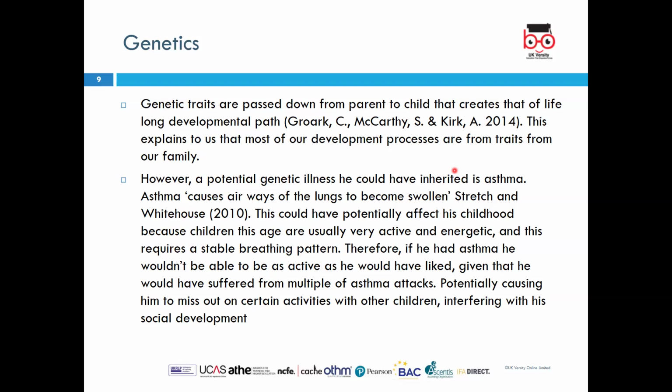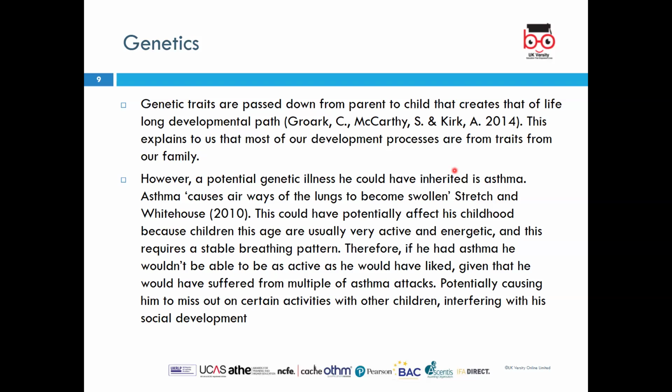This could potentially have an impact on your childhood, because children this age are usually very active. For instance, if there's a genetic illness like asthma that runs in the family, the child can't stay as active as other children, and they always need to be guarded because of the physical impact that asthma may have on them.